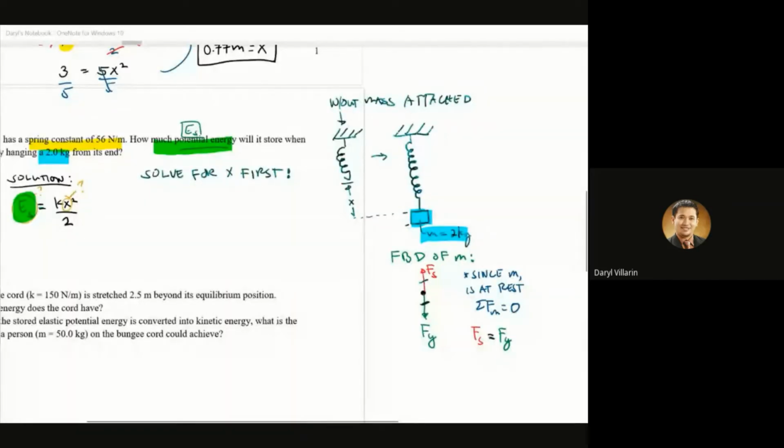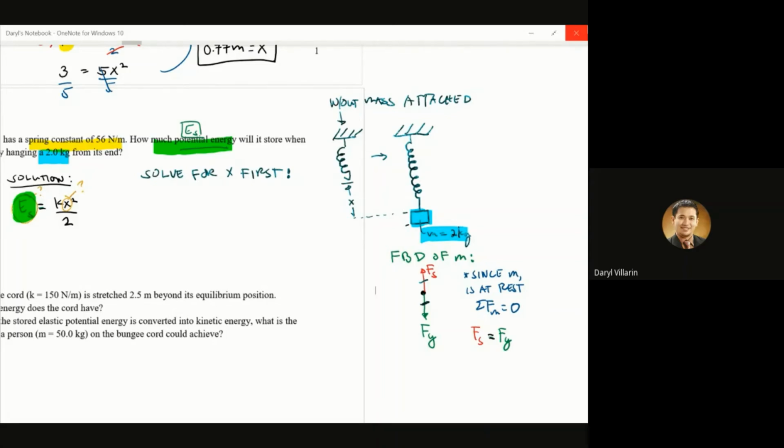If you can see here, when you attach the mass, the spring will stretch downward. Now the mass is acted upon by two forces. One is downward, which is equivalent to the weight of the object.